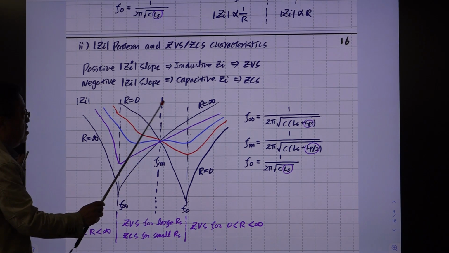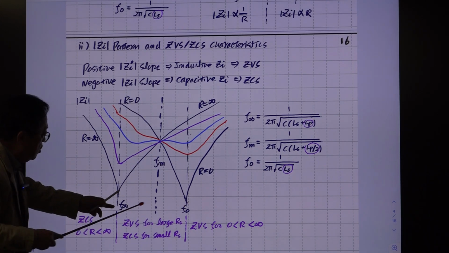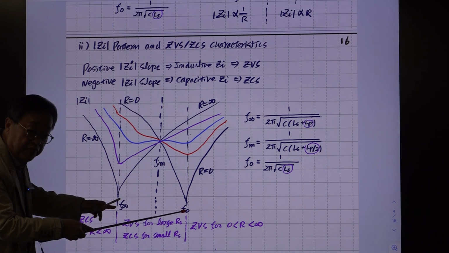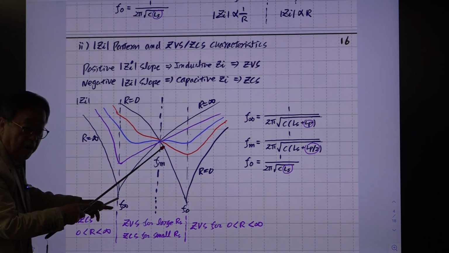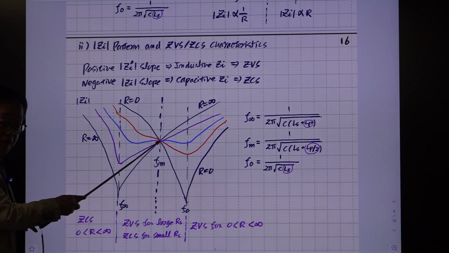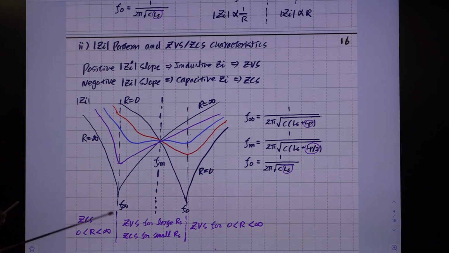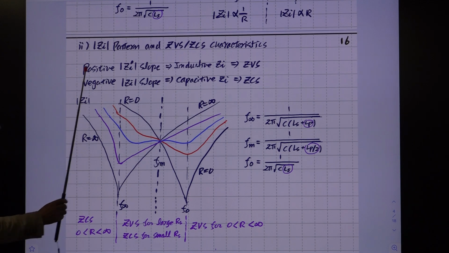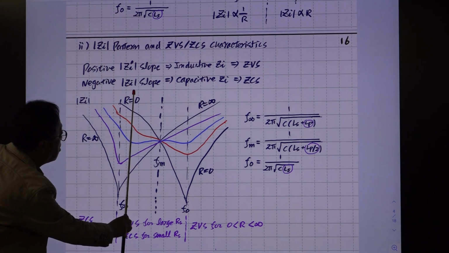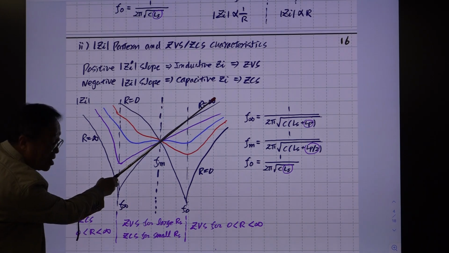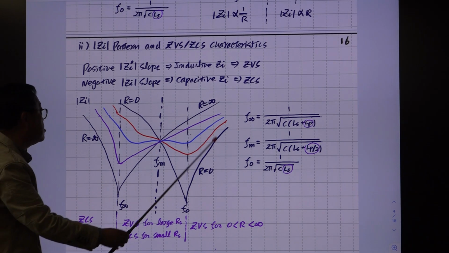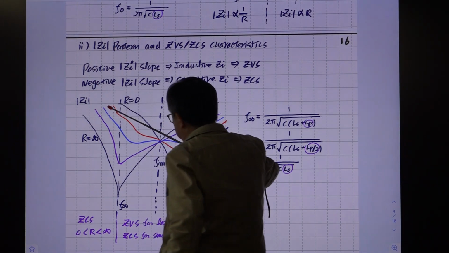In the middle, in this region between F infinity and F naught, F0, there is FM. All the impedance magnitudes merge together at this point. We will prove this. The behavior of this is such that they should behave this way mathematically, so it's not just a sketch. Then in this region, if R is large, you have GVS. If R is small, something like this, then you have GCS.